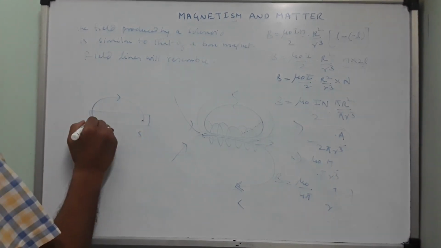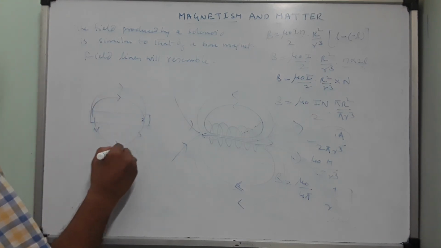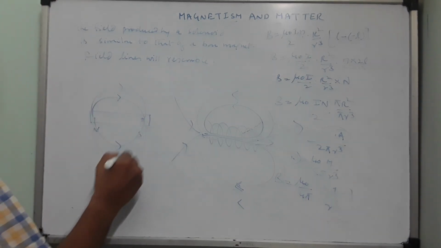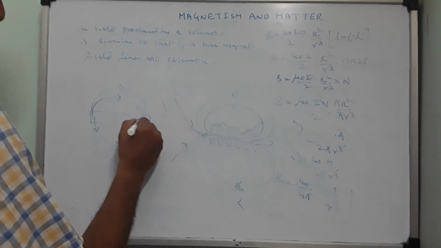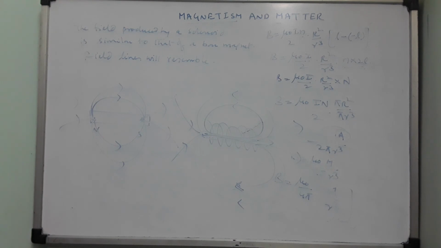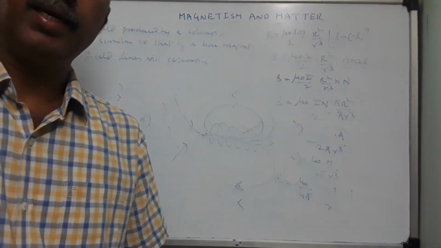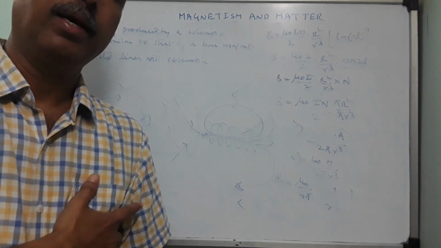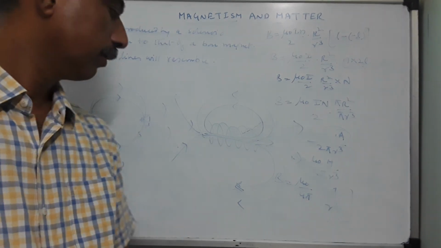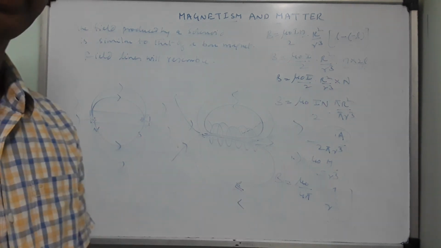South pole, like this. So what is our conclusion? A current carrying solenoid will behave like a bar magnet. And to draw the pattern of field lines, both field lines you have to draw like this.